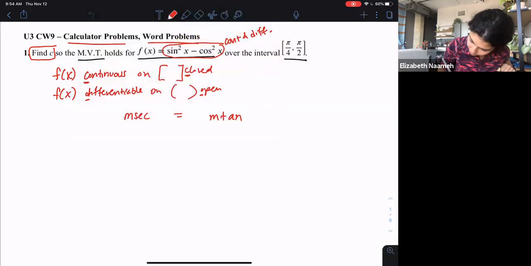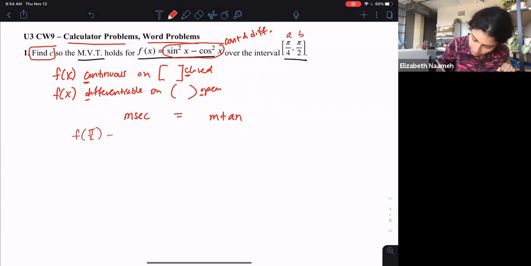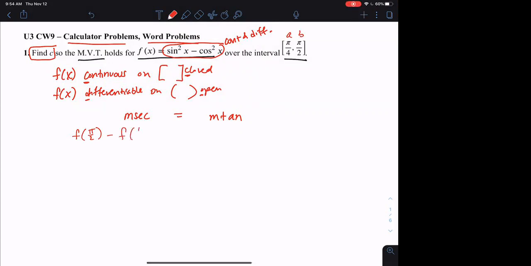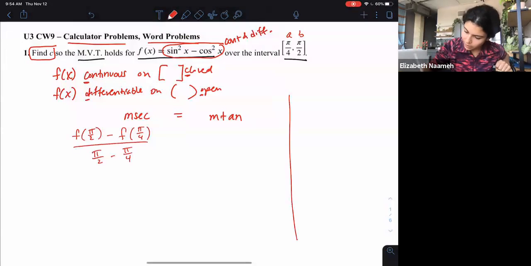F of pi over 2, minus F of pi over 4, over pi over 2 minus pi over 4. Perfect.